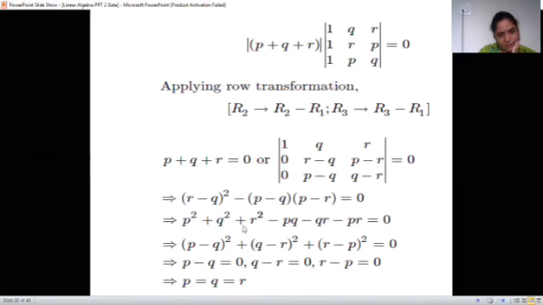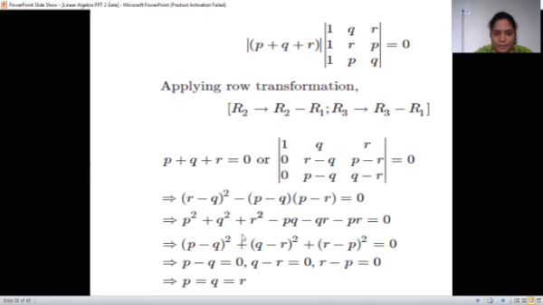If we look, PQ, PQ, PR, PR, QR, QR, all the terms are there for the squares, but they should be twice. So there will be no problem if we multiply 2 on the RHS and 2 on the LHS. So 2 will be on every term and 2 into 0 will be 0.